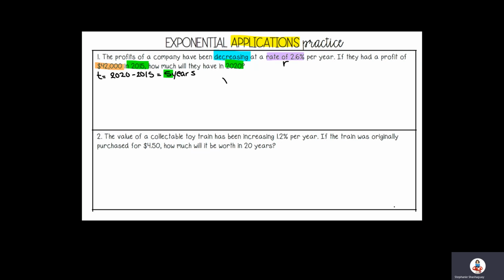So I'm going to have y is equal to 42,000 multiplied by 1 minus 0.026, and that's going to be raised to the 5th power.